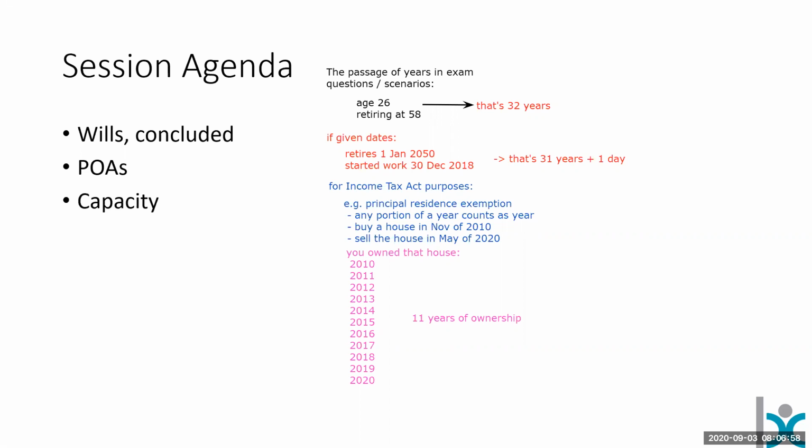We trick ourselves. I see age 26 and 58, and I think, oh, what if she started in December and retired in... No, that's not it. It's 32 years. Good. I hope that's clear as day.